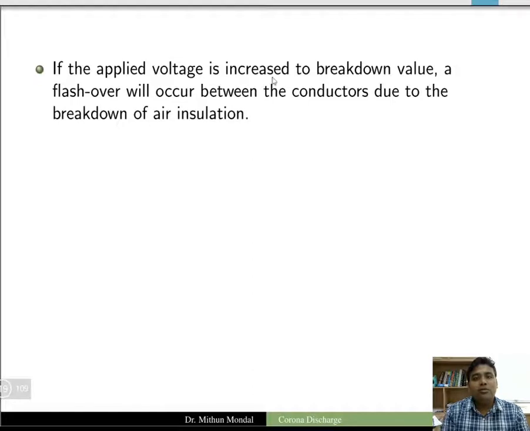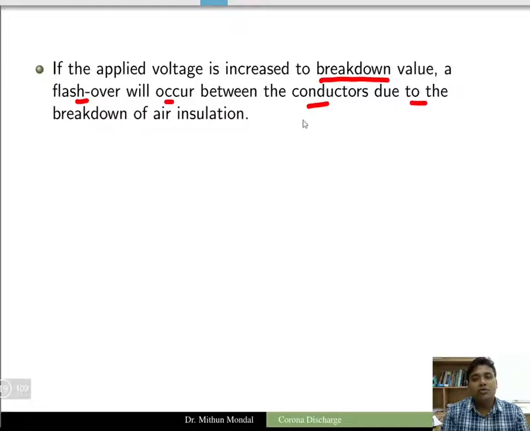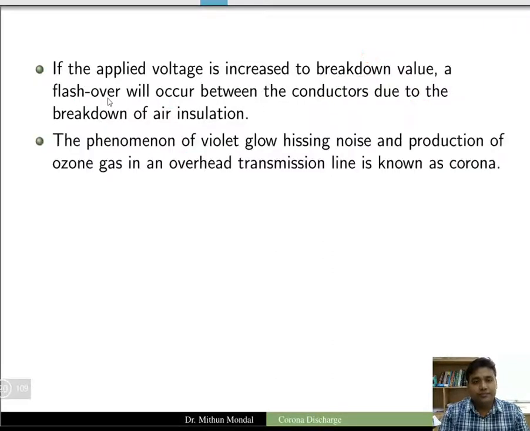If the applied voltage is increased to the breakdown value, a flashover will occur between the conductors due to the breakdown of air insulation. So when the voltage has reached the breakdown value, there will be a breakdown of the air insulation.